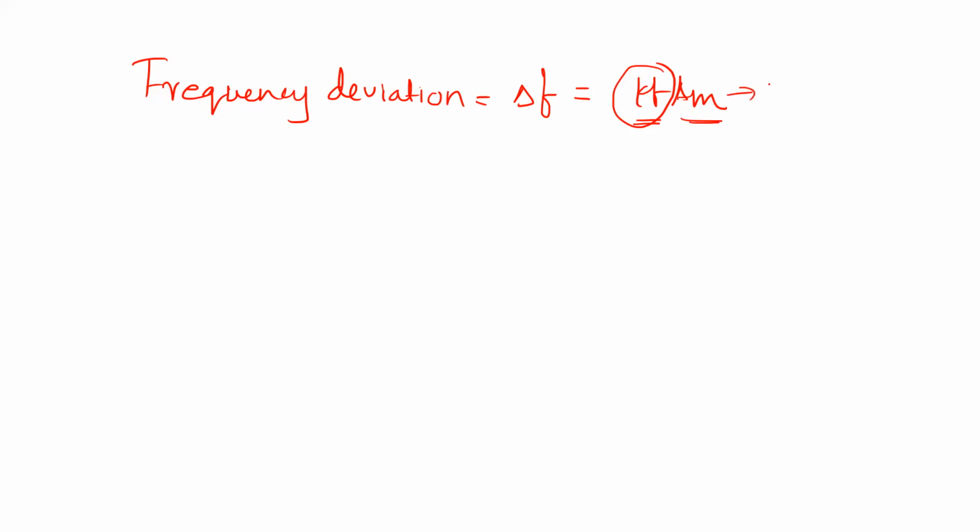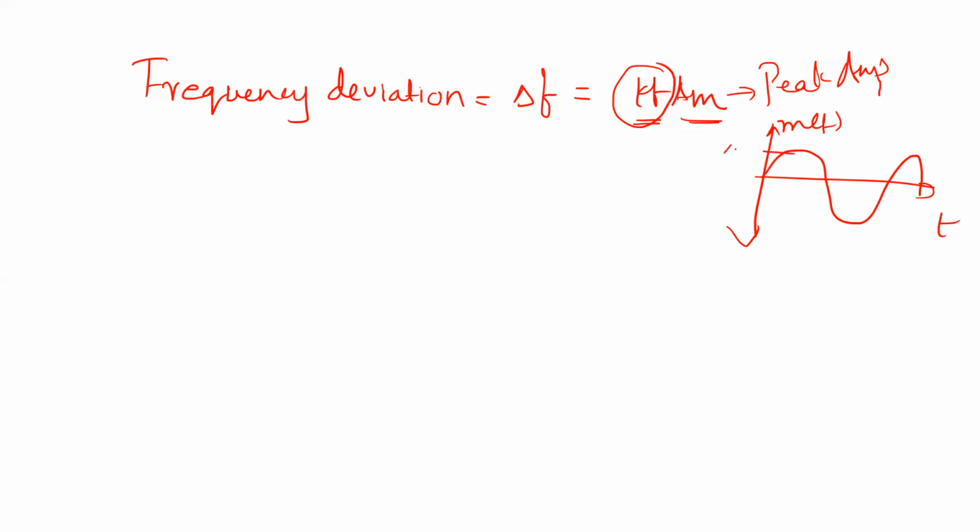AM is the peak amplitude of the message signal. If you remember, I drew this M of t. This was t, this was M of t. When I draw this signal, this is AM, this is minus AM. Understood, peak amplitude.